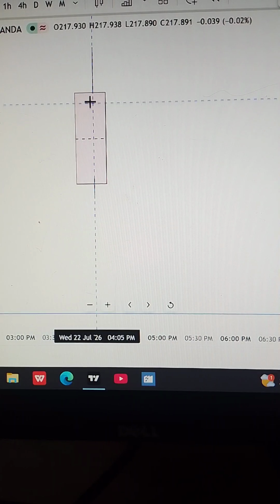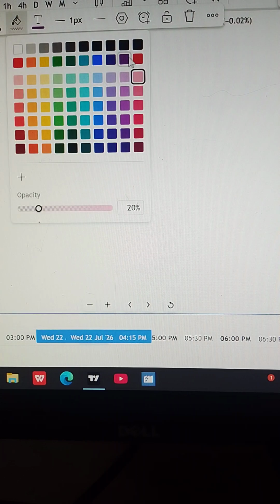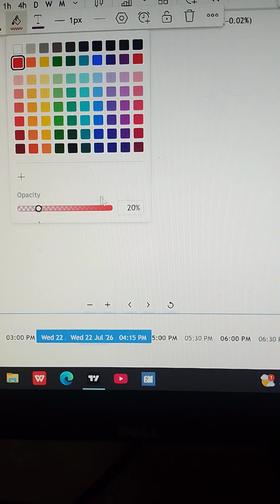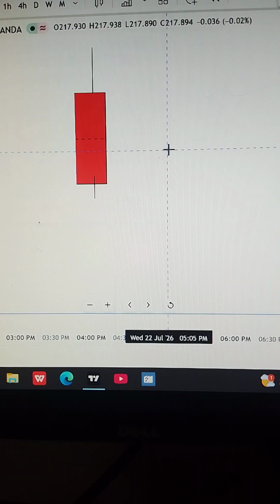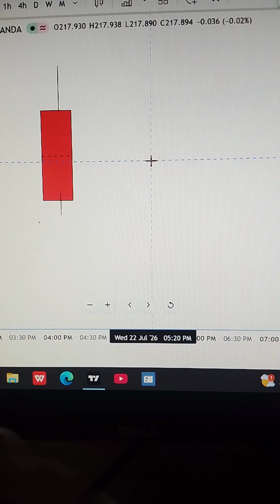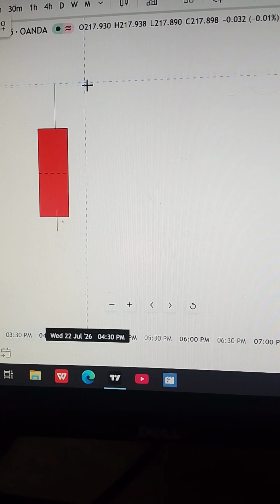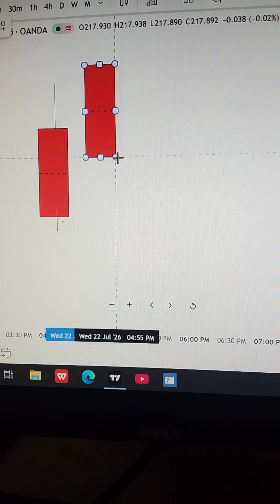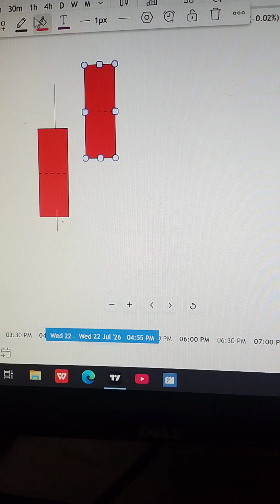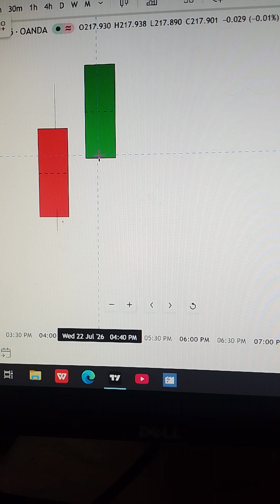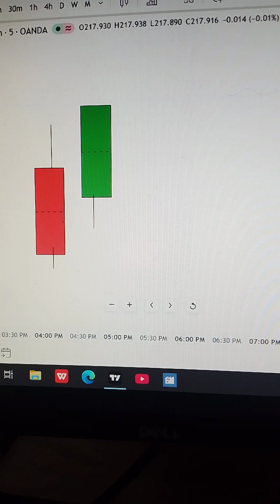This one is a red candlestick, followed by a green candlestick. This is how support is created: when a red candlestick is followed by a green candlestick.